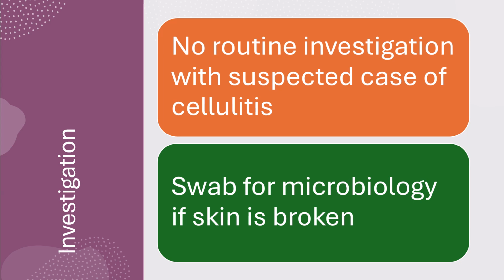After examining and history taking, the question comes up: do I need to do any investigation or send any blood? The short answer is no. Routine investigations in a suspected case of cellulitis, we don't do.